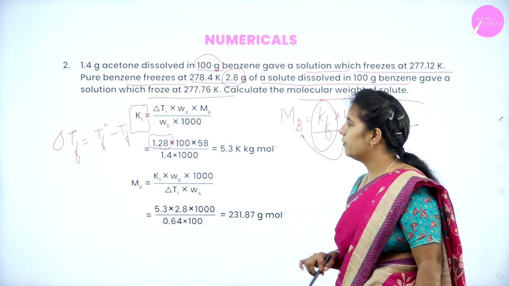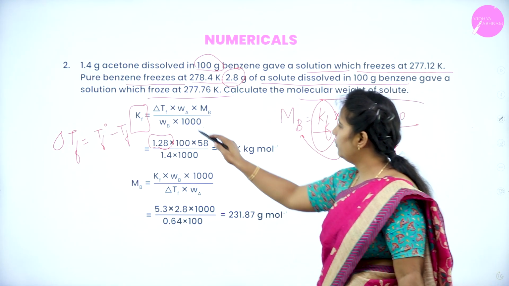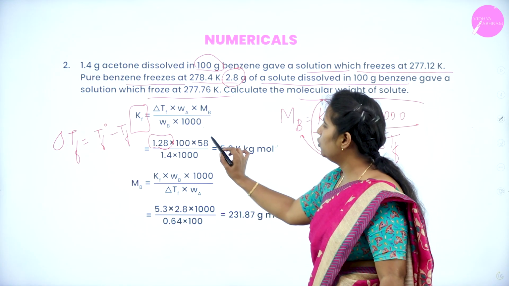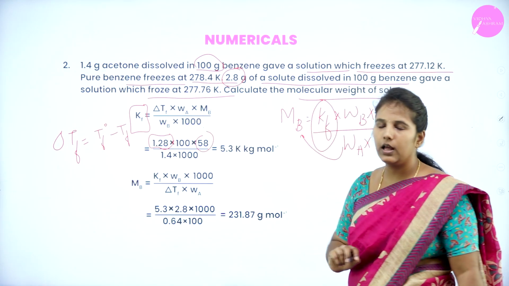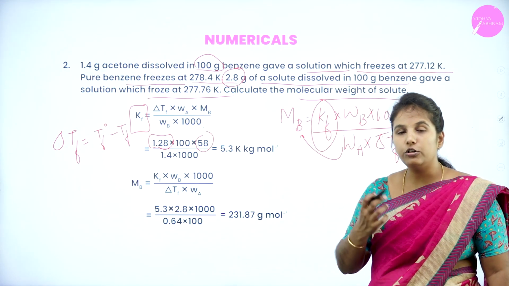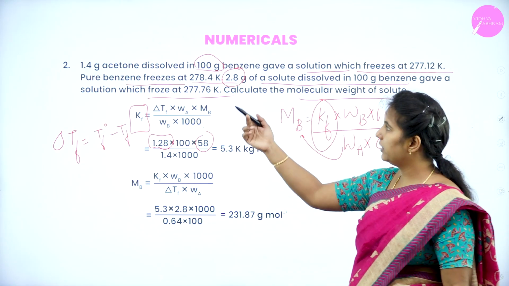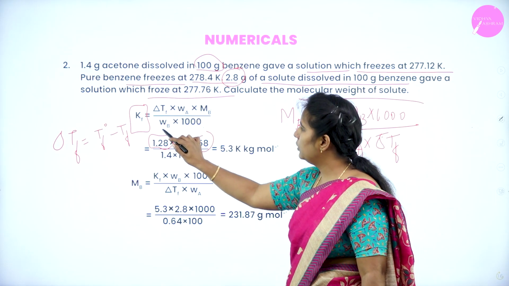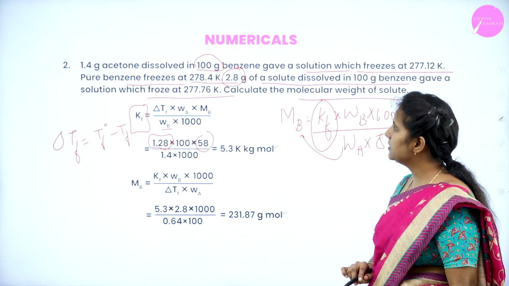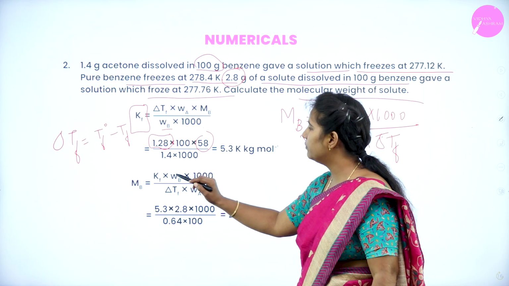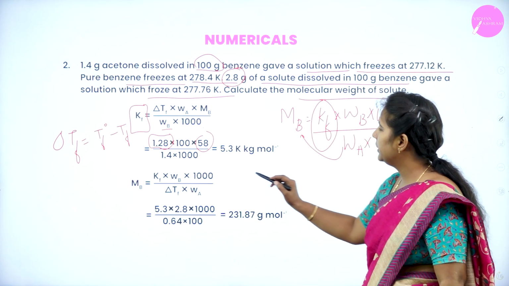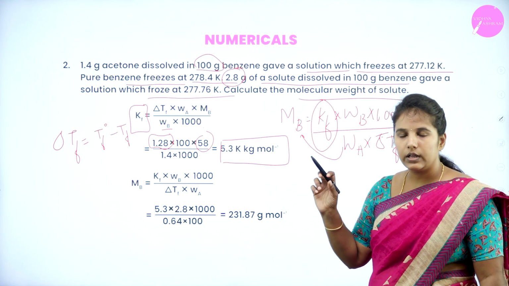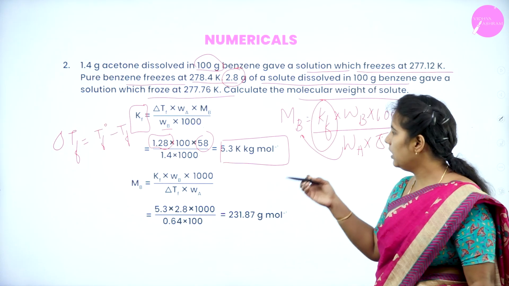So that is 1.28 into WA, which they have given, that is 100 gram, into 58, that is the molecular mass of the solute B, which can be calculated by taking acetone. Next, divided by WB, which is given, that is 1.4 into 1000. So it gives rise to 5.3 Kelvin kilogram per mole.